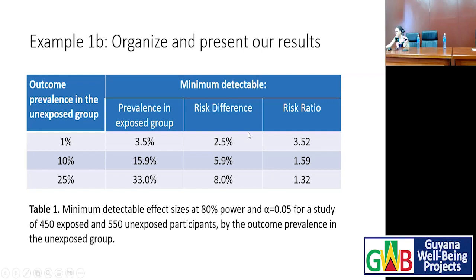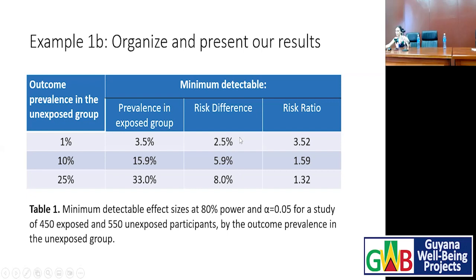We could also think about the risk, instead of the difference between the two groups, a ratio between the two groups. So I also have those here. What's interesting here, or something to note, is that if we're looking from the least prevalent outcome to the most prevalent outcome, the risk differences that we can detect mirror that.